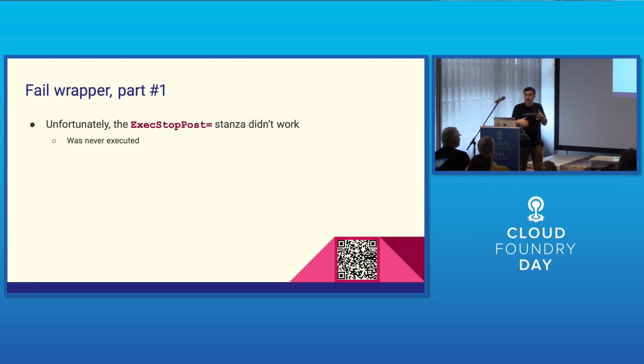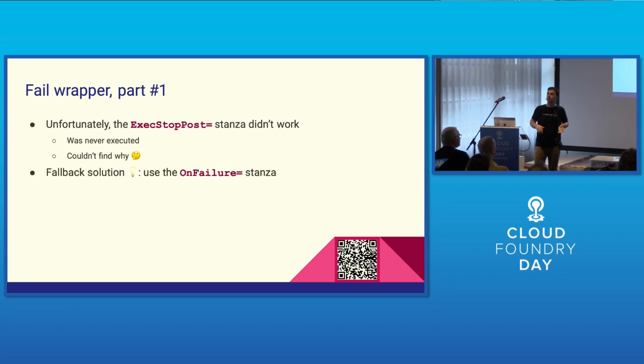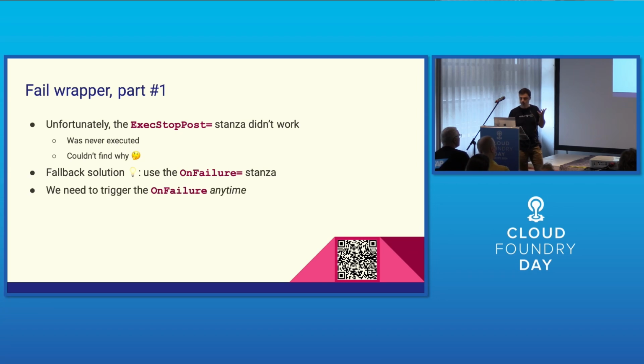But that one was never executed. I don't know why. I couldn't find out. Anyway, the fallback solution was to use OnFailure, triggering a different unit file. So I needed to trigger it whenever containerd would stop unexpectedly, but not without any error, or whenever it would fail, actually.